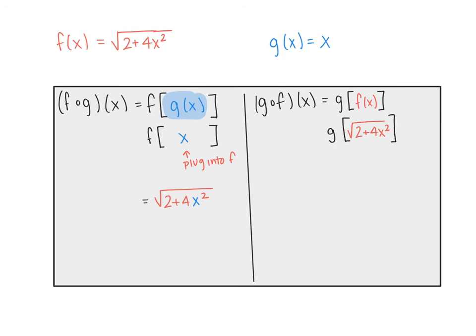Now everywhere I see an x in g, I'm going to fill it in with that thing right there. In this case, there's only an x. So where there was an x, I'm going to replace it with 2 plus 4x squared. And that is my final answer.